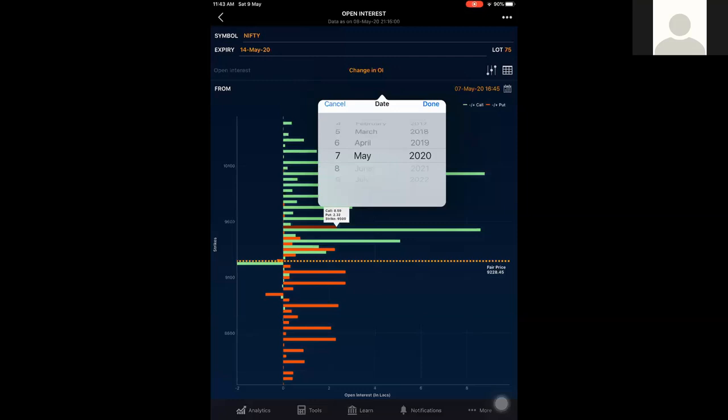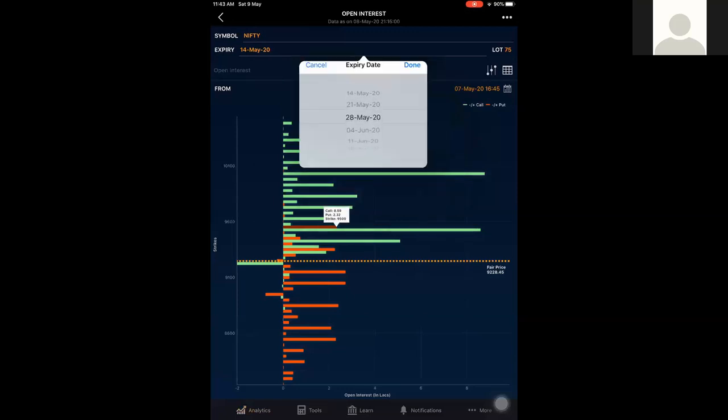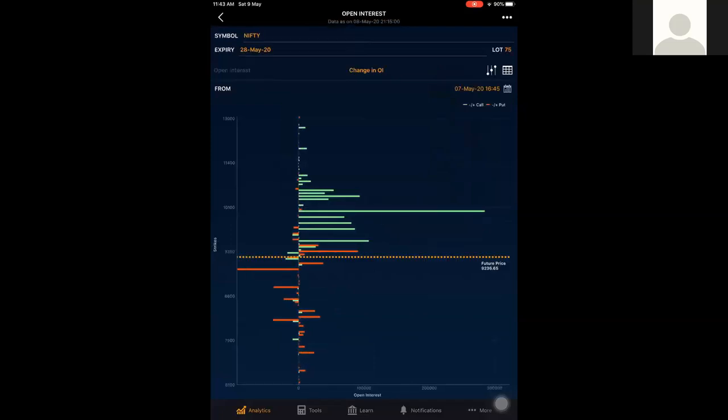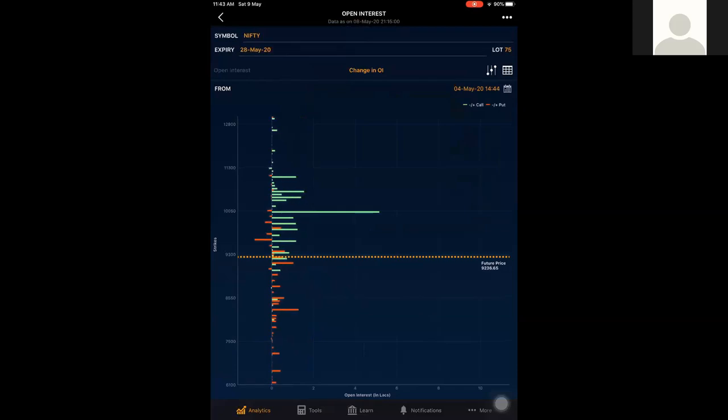Okay. So if I want to do this, wait, I'll do it for the monthly option because the weekly got active now. Okay, let's do 28th May. I want to see the change in OI, maybe from 4th May, and say from 2:45 p.m. What is the data? So this is the data. The highest OI was in 10,000.